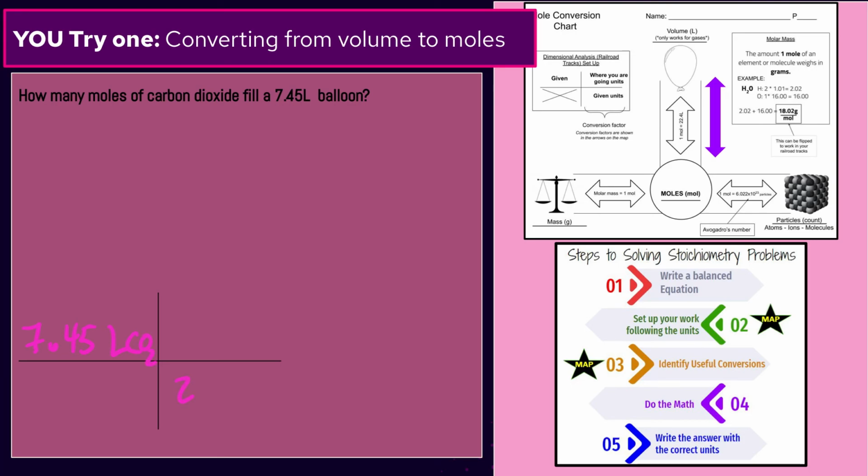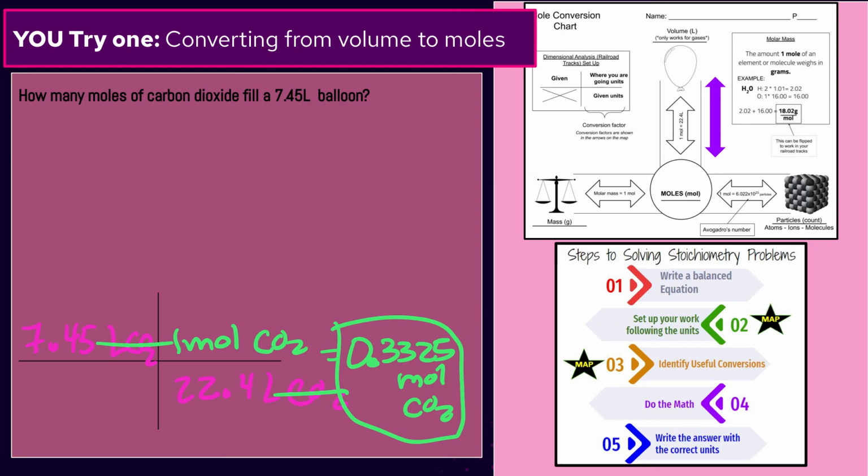And on the bottom of my conversion factor is 22.4 liters CO2 because I want my liters to cancel. And on top, I'm left with 1 mole CO2. So now my liters cancel, and I'm just left with moles CO2. When I do that math, 7.45 divided by 22.4, I get 0.3325 moles CO2.